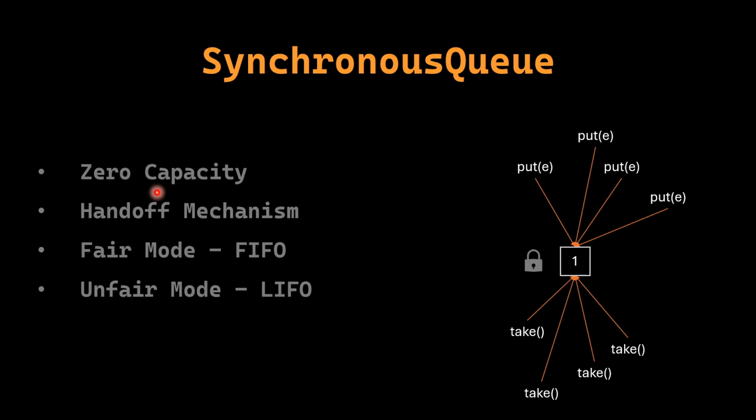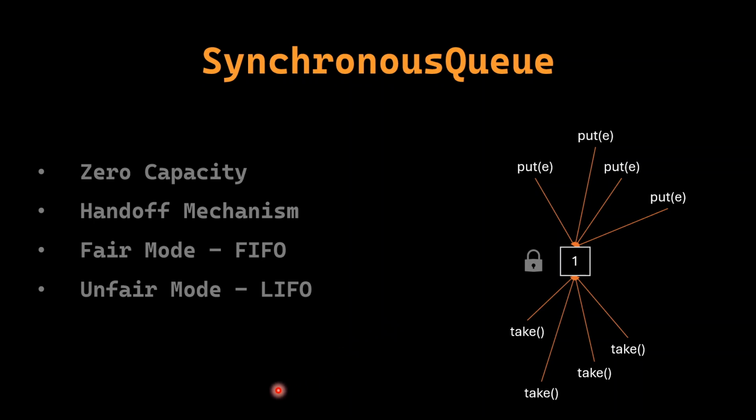Instead, each insert operation must wait for a corresponding remove operation by another thread and vice versa. Think of it as a direct handoff mechanism. One thread hands an element directly to another thread with no buffering in between. This makes tight coupling between producers and consumers.